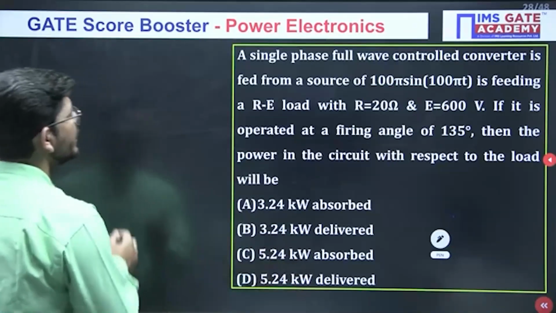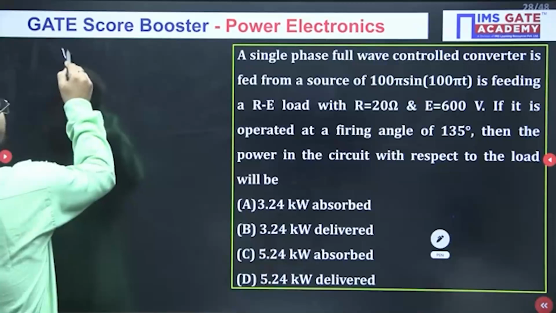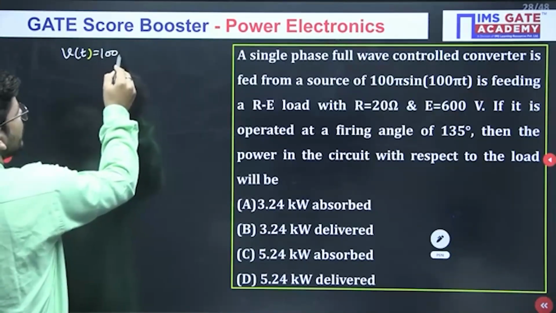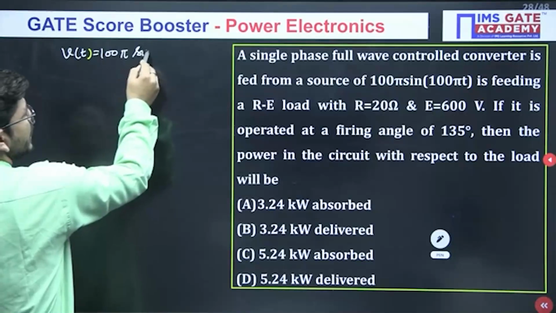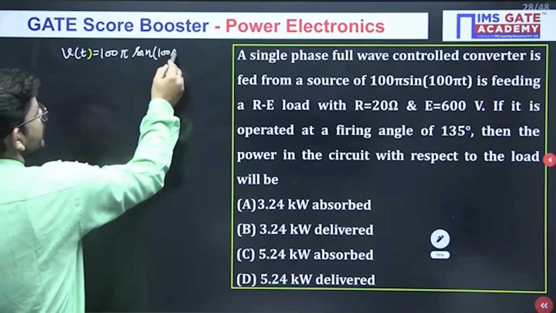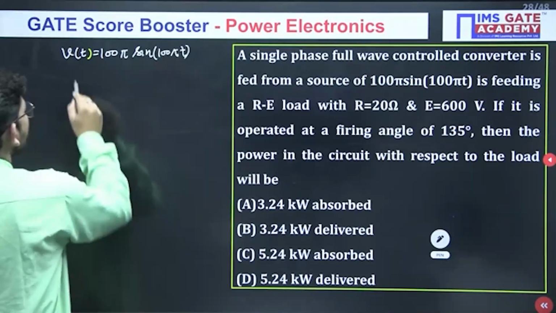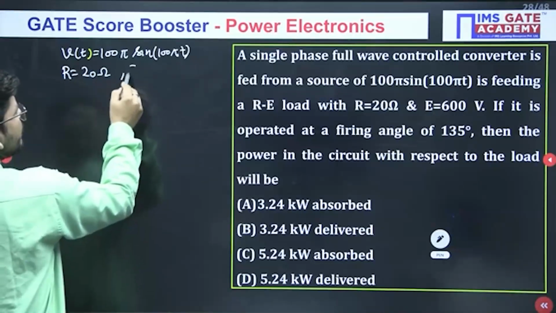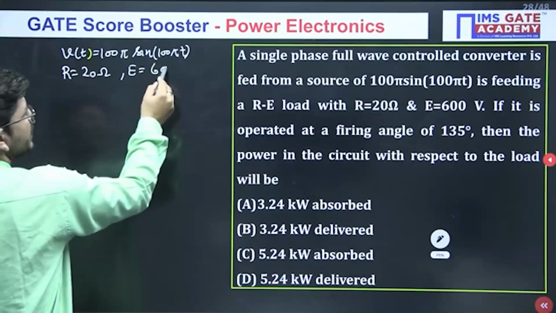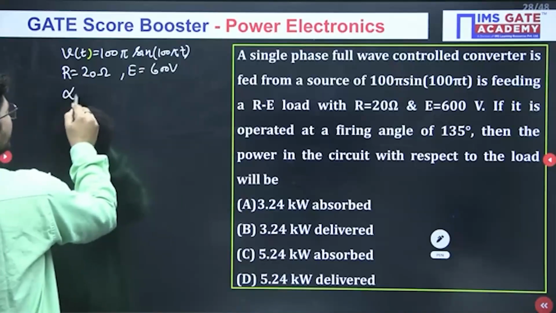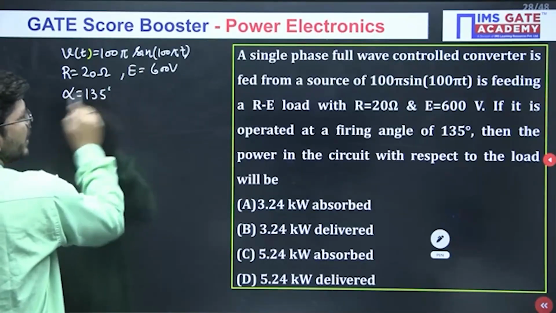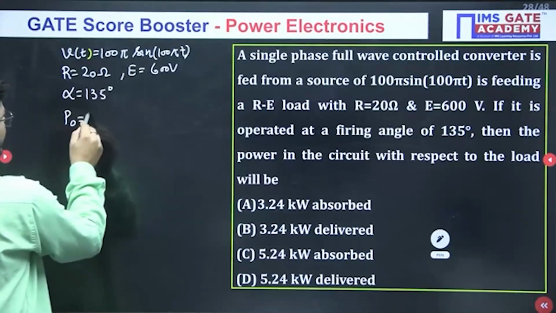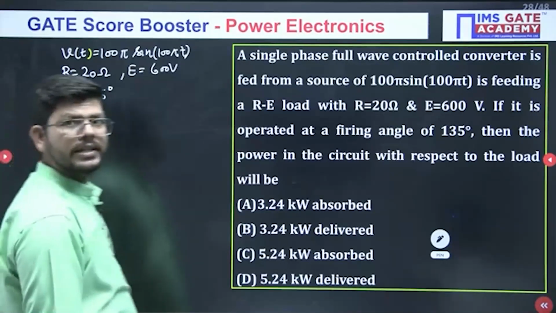So what has been given: input voltage is 100 pi sine 100 pi t, R value is 20 ohm, E value is 600 volt, and firing angle is 135 degrees.